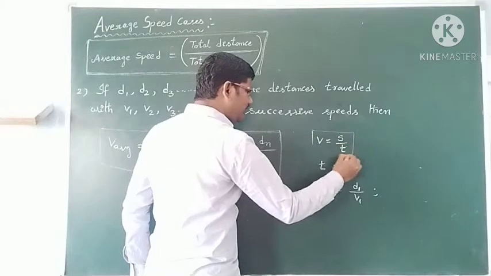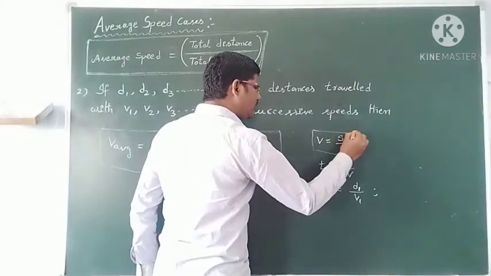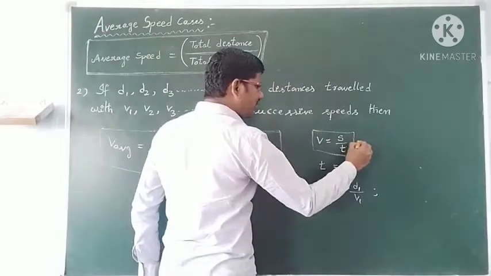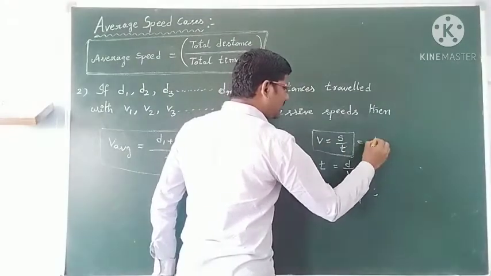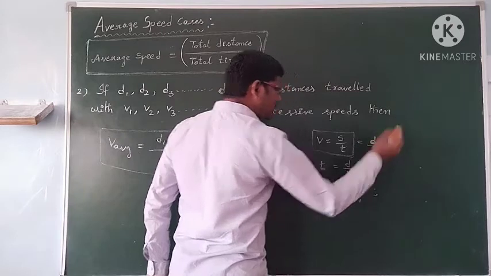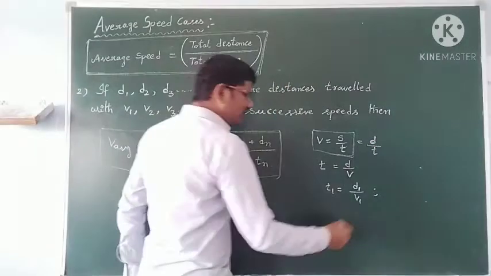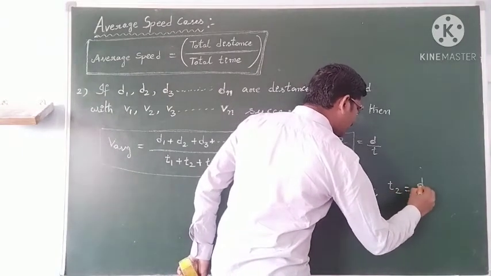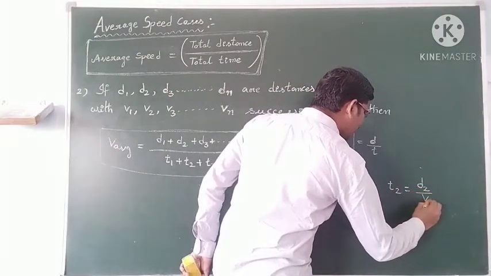We know the simple formula: speed equals distance by time. Distance I can denote by letter s or d. So t1 is equal to d1 by v1. Similarly, time t2 is equal to d2 by v2.